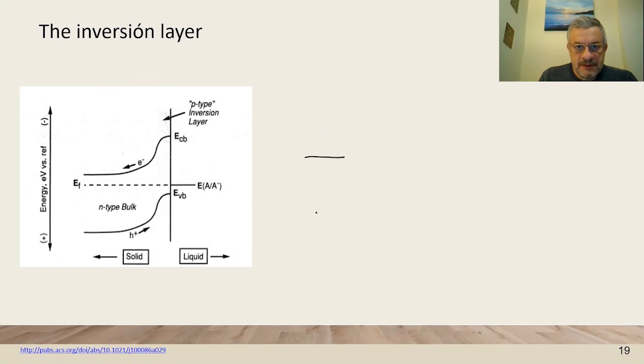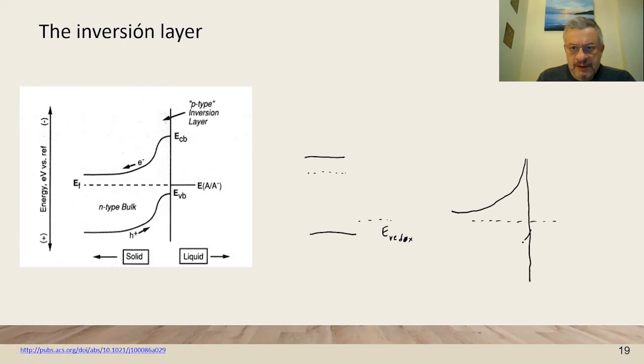We consider N-type semiconductor, and here a redox electrolyte that is situated very deep, close to the conduction band. Then what is going to happen is that we will have this band bending at the surface and also the valence band.